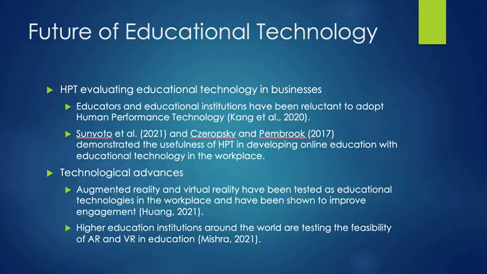These technologies would be able to introduce curriculum and learning and communities for students beyond what contemporary technologies can already do. So human performance technology should be brought in to evaluate if these technologies can be useful in education, and if they can help to encourage student engagement with educational material and continue to build on student performance in the online classroom.